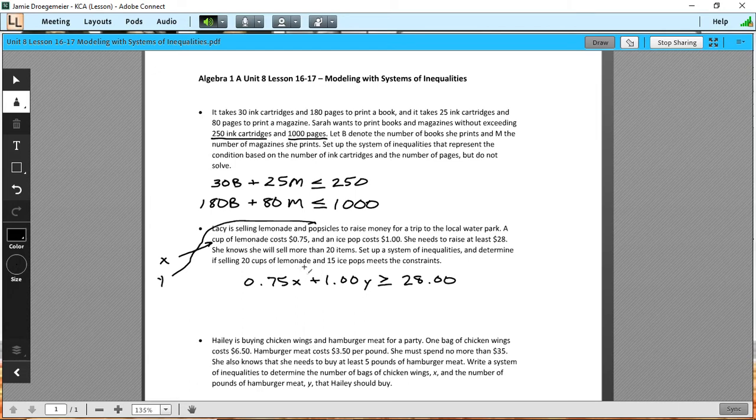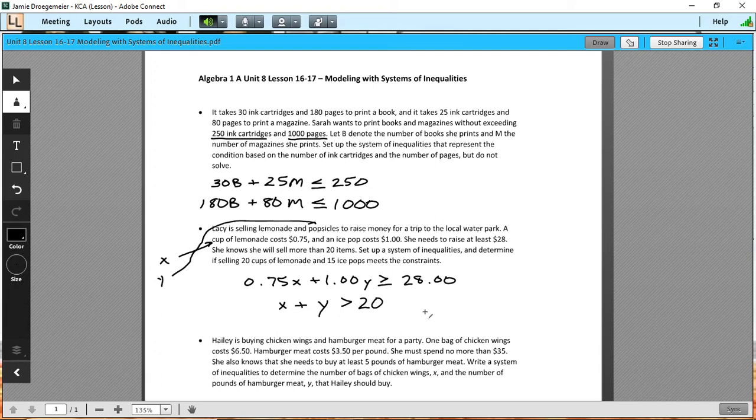Our second inequality is going to be our number of items. If we take the number of cups of lemonade and the number of popsicles, she knows that's going to be more than 20. So X plus Y is going to be greater than 20.